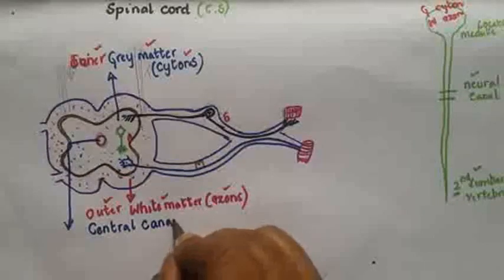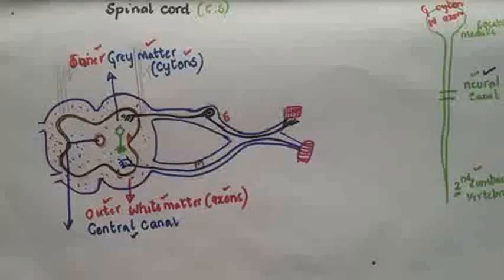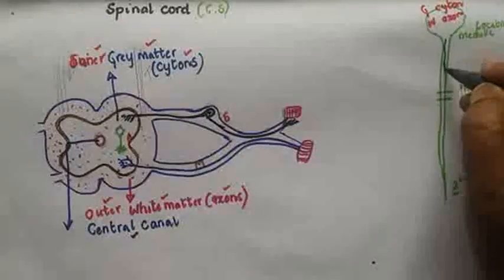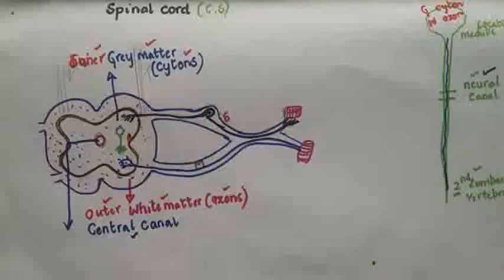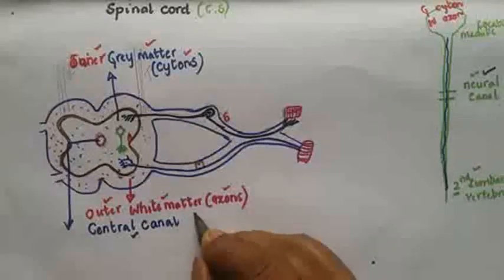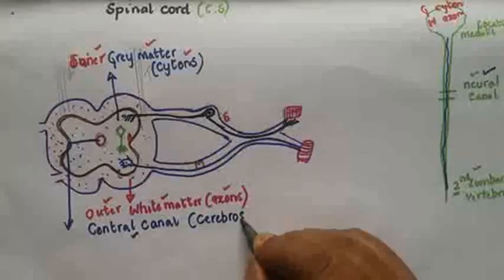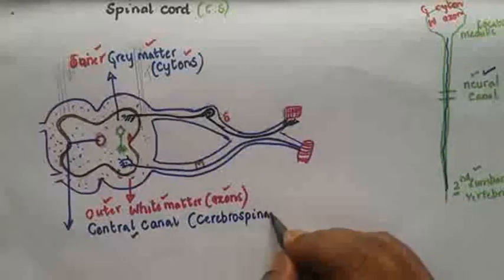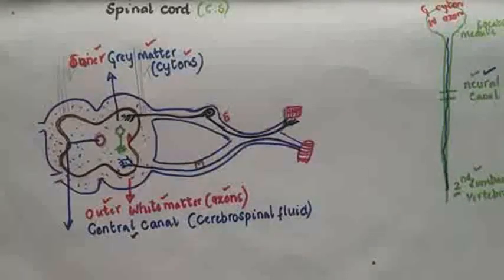Children, if you remember the neural canal and the central canal, we find the central canal in the center of the whole length of the spinal cord. In this central canal we have cerebrospinal fluid. So what do we find in the central canal? We find the cerebrospinal fluid, which performs a number of functions.